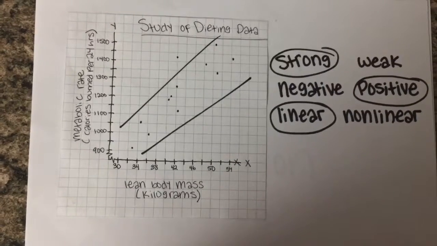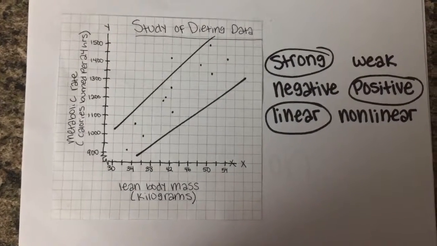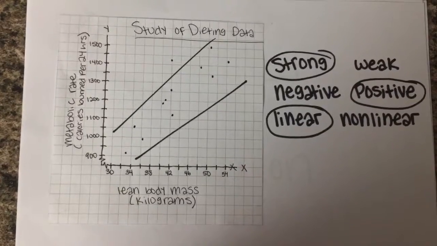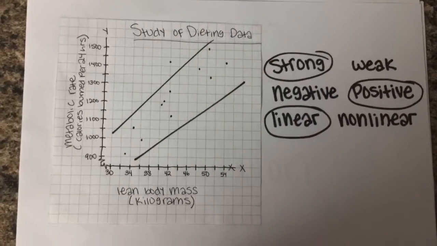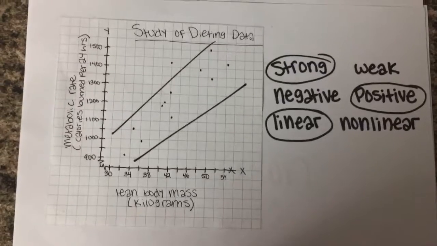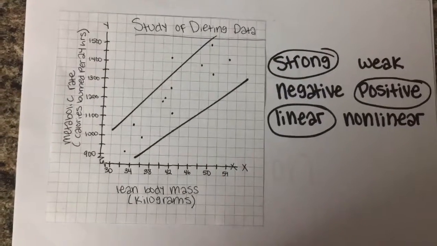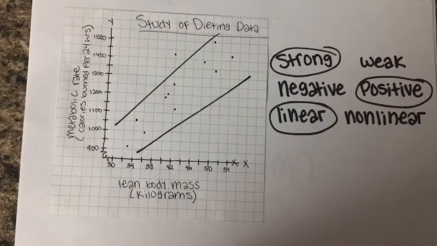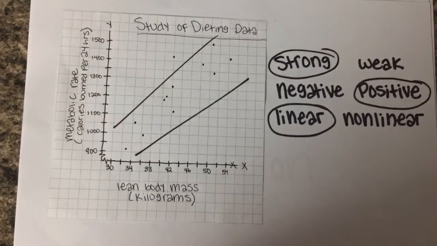Part B of the basic question asks about the direction, form, and strength of the relationship on this scatter plot. And I said the strength was very strong because, as I've drawn out, most of the data stays within the same general area as it increases.